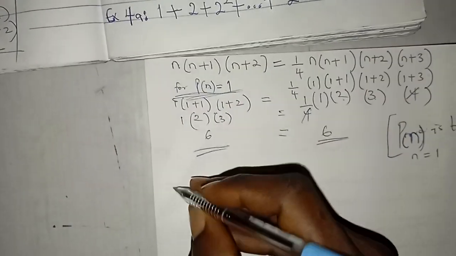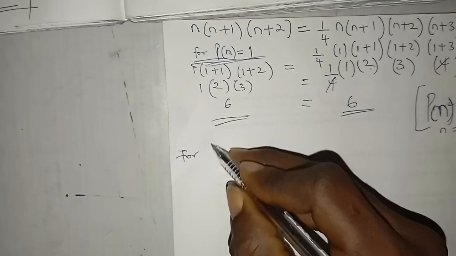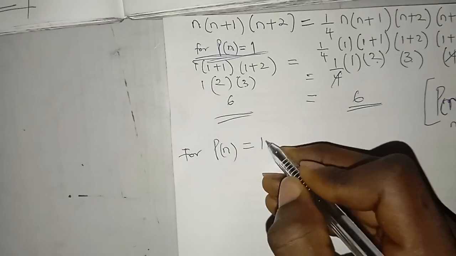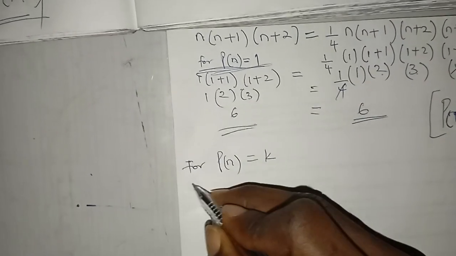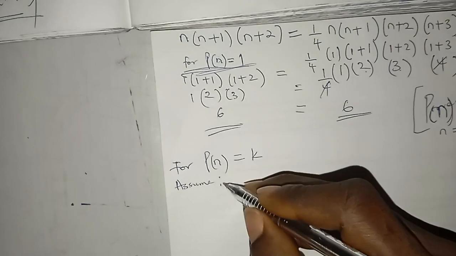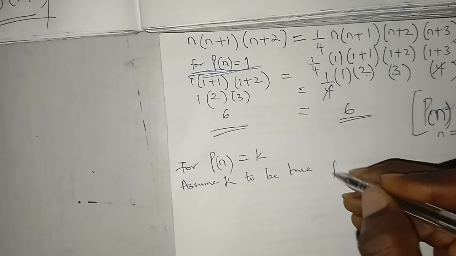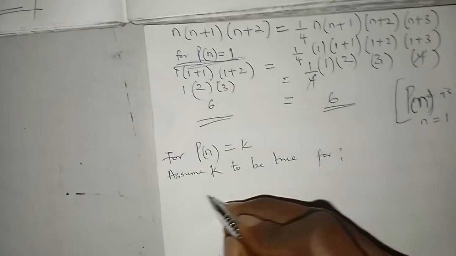Now let's go to the second step, which is the assumption step. For n, P of n equals to k, we assume P of k to be true. For this, let's substitute.